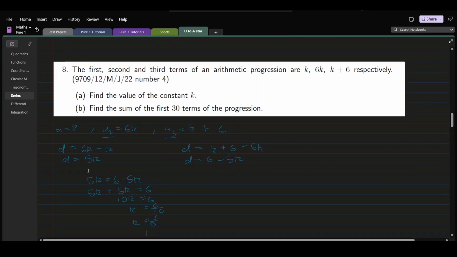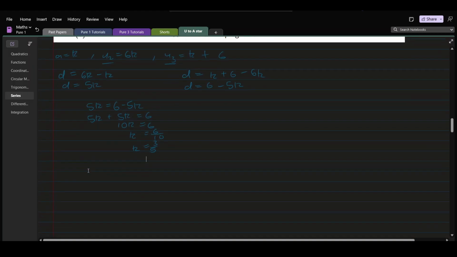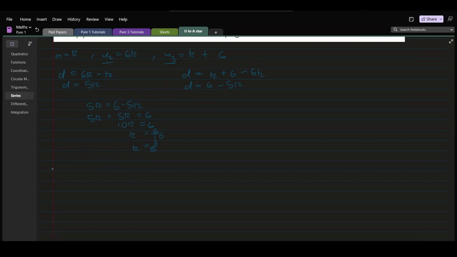Part B, find the sum of the first 30 terms of the progression. Okay, so now that we know what k is, we can now say that our first term, a, we said a is equal to k, so a must be equal to 3 over 5. And we say d is equal to 5k, so d is equal to 5 times 3 over 5.